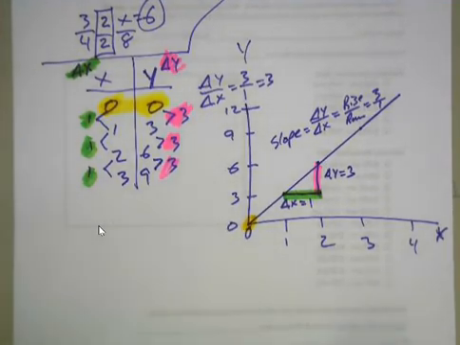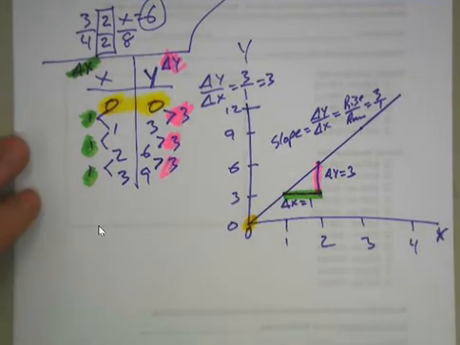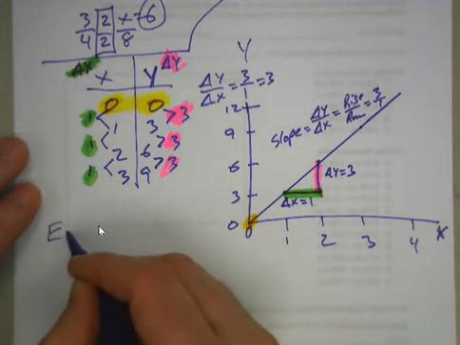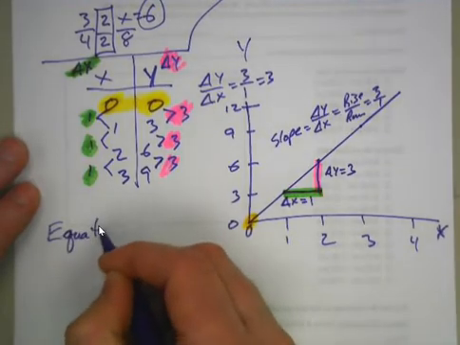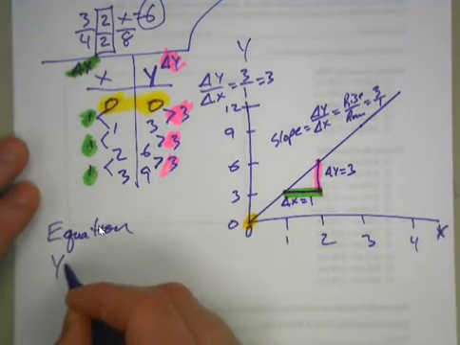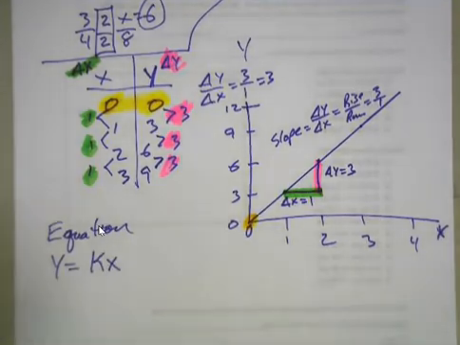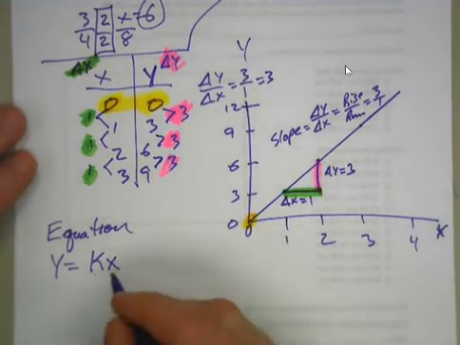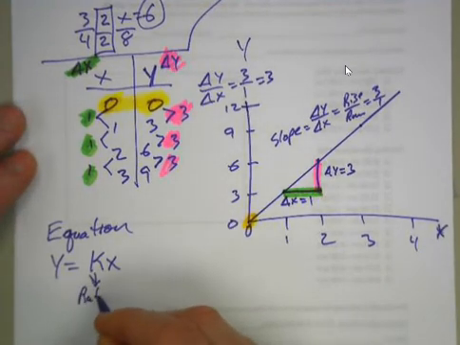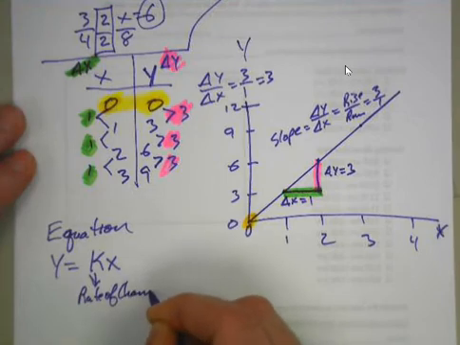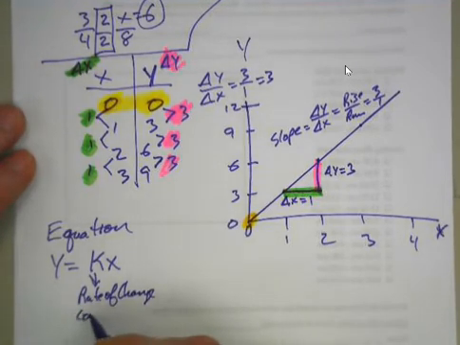And now we're going to use what we've already learned about proportional relationships, and we're going to write an equation for this. And the equation that we have is y equals kx. And k is going to stand for our rate of change. It is also called our constant because the change is constant.